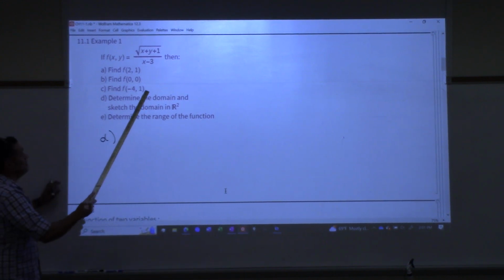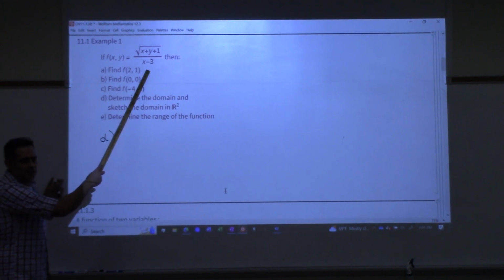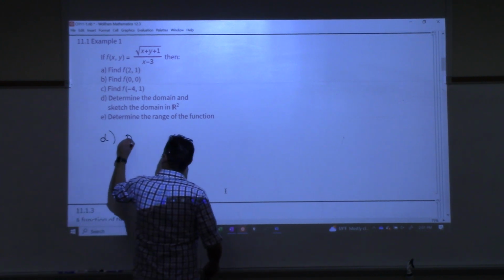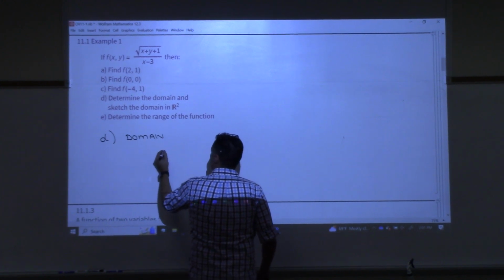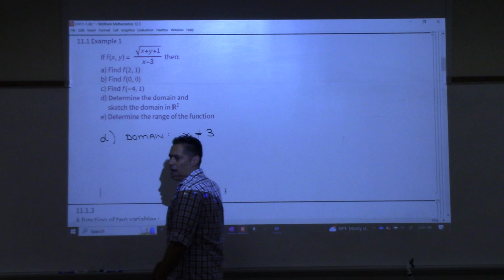So the first thing that's glaring at me is the fact that I can't ever let x be 3, because if x is 3, we have division by 0, right? So that's the first thing. When I'm talking about the domain of this, I know that x cannot be 3, for sure.